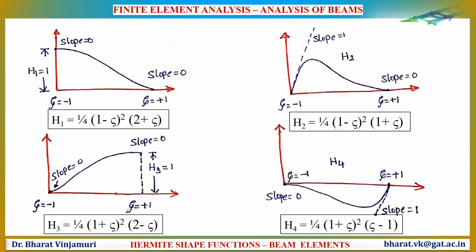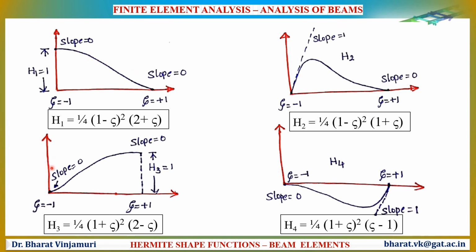So let us understand the variations of the shape functions over an element. The first shape function h1 is equal to 1 by 4 times 1 minus zeta whole square times 2 plus zeta. This shape function represents the transverse displacement at node 1. At node 1, h1 will be equal to 1, and from node 1 to node 2 it will be varying from 1 to 0.